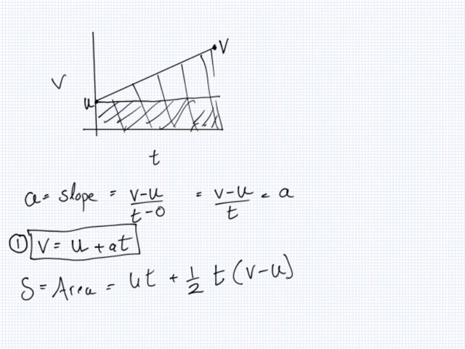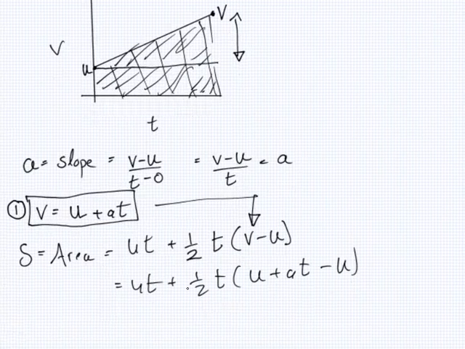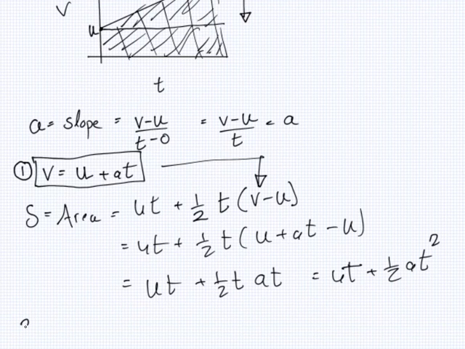V minus U for this height here. So that will be UT plus a half T times U plus AT minus U, because I can put that in there for V. So I get UT plus a half T times AT. So I get UT plus a half AT squared. And now I have my second formula: S equals UT plus a half AT squared.